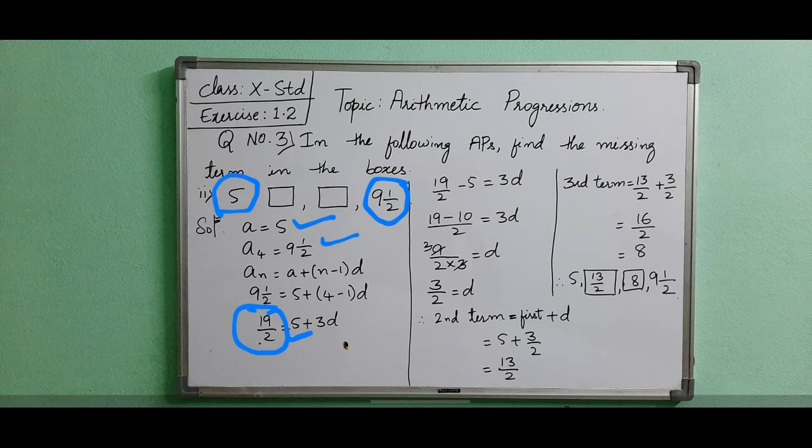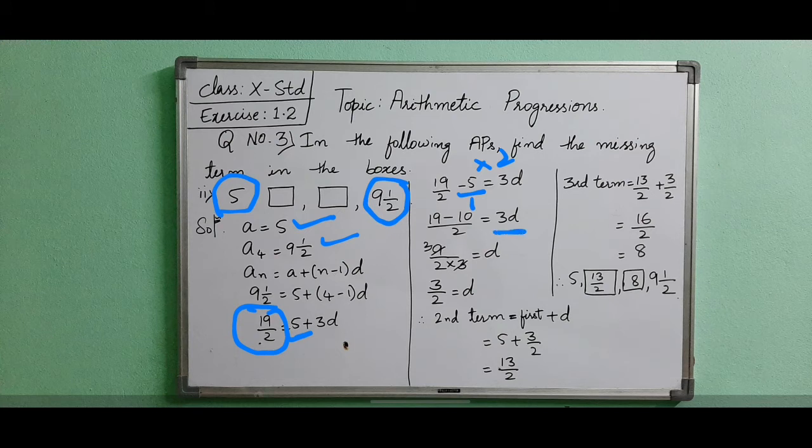Now the LCM for this step is 2, and the numerator is 19 minus 10, since 5 times 2 is 10. So 19 minus 10 is 9.